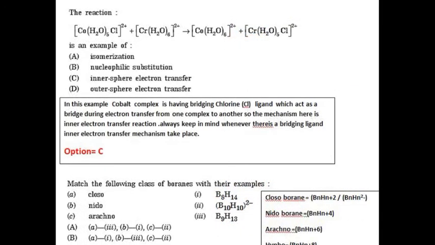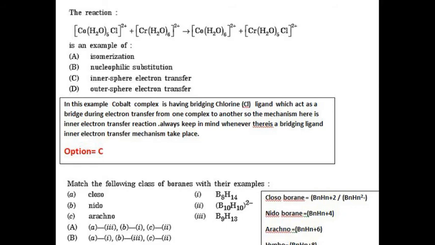Moving ahead, the next question is about the type of reaction mechanism. The reaction given is an example of: isomerization, nucleophilic substitution, inner sphere electron transfer, or outer sphere electron transfer. To know the mechanism of this electron transfer reaction, we should have basic knowledge of ligands, complexes, and metal ions.